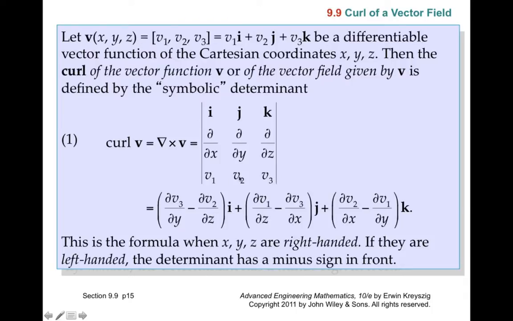And so remember, v1, v2, and v3 themselves are functions of x, y, and z. So when we take the curl, if we evaluate that determinant, we get the following expression. And we're assuming here we have a right-handed coordinate system. And you can just ignore this statement about if the coordinate system is left-handed, because we don't work with left-handed coordinate systems. So the curl represents rotation in the field.